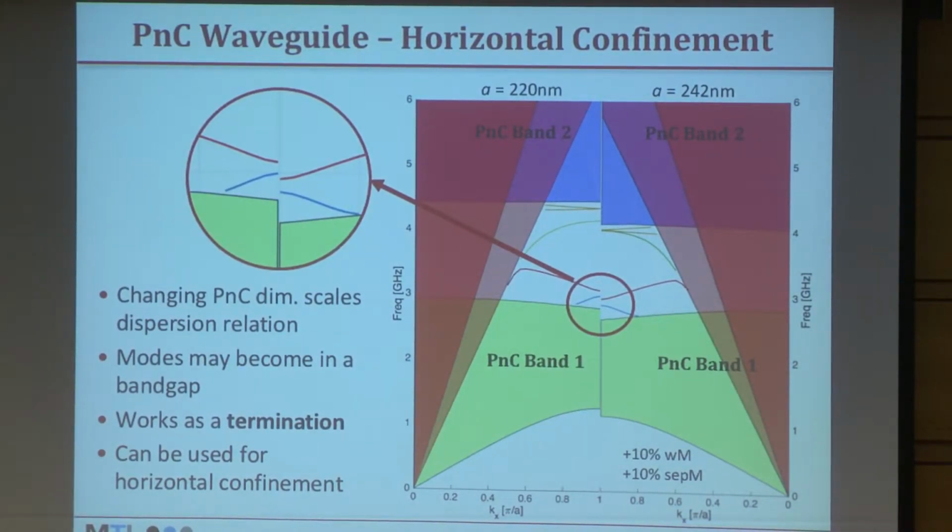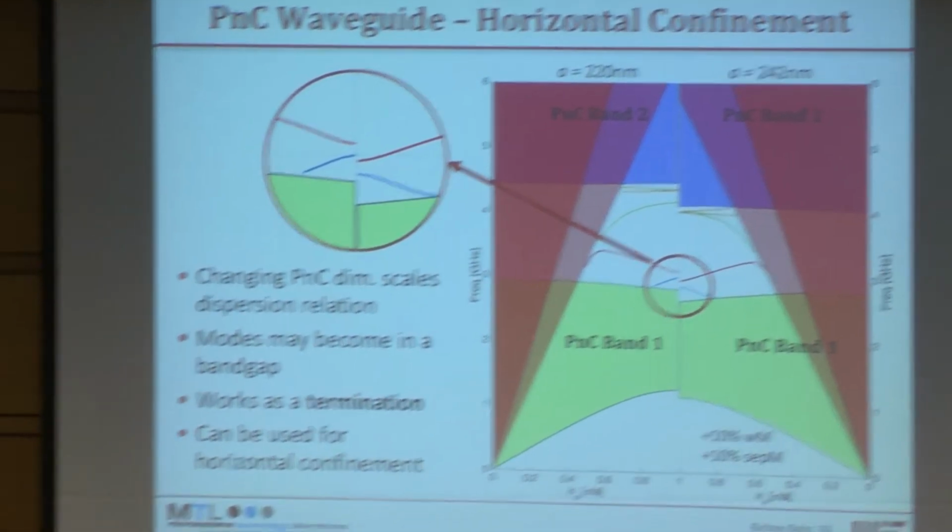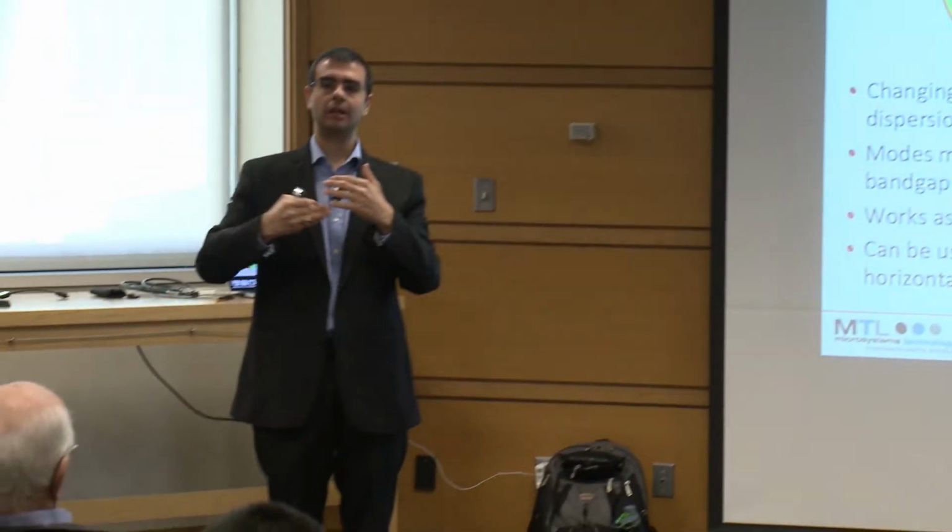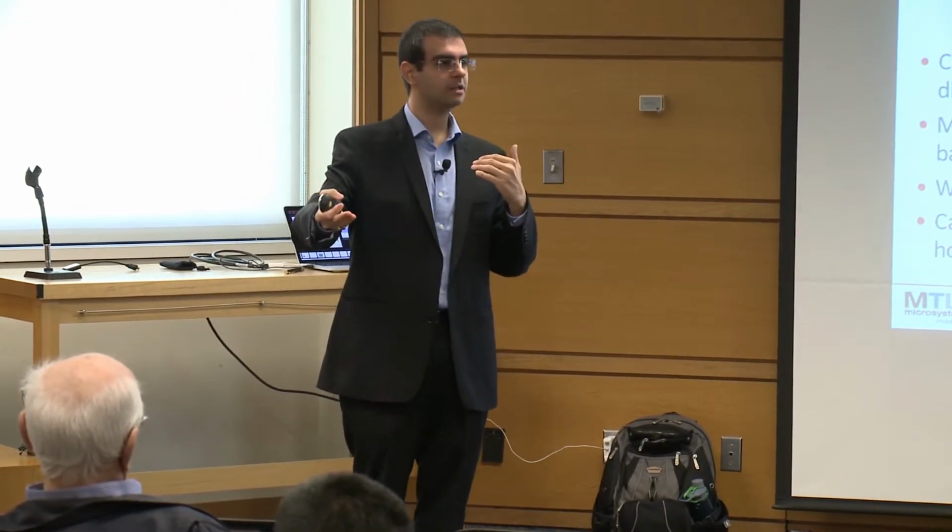So when I see that, I understand, OK, I can make a termination. Except the only thing I have to guarantee is that I have to operate around kx equal pi over a. And what does it mean to have kx equal pi over a, where a is the period of my waveguide? It means when I move from one period to the other, I should see a phase shift of 180 degrees.